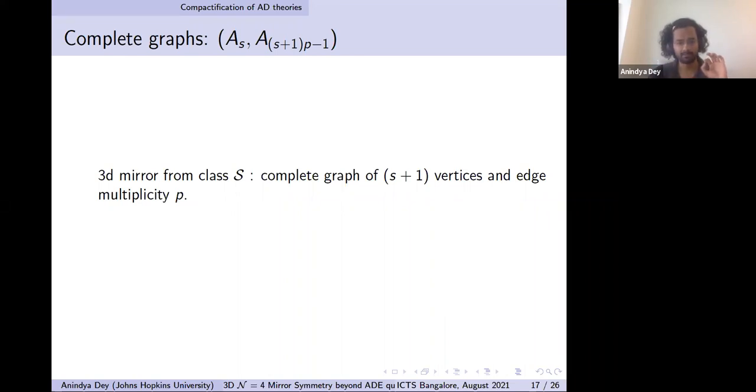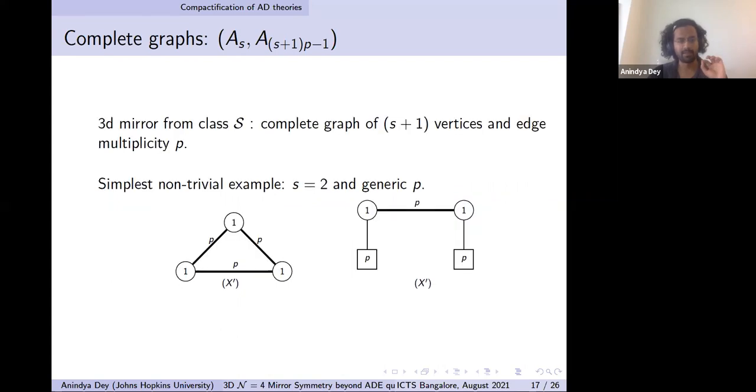So let's look at an example. Let's say S equals 2 and P is completely generic. Then the class S mirror is this. There are 3 vertices, and each vertex corresponds to a U(1) gauge node, and each edge with a multiplicity P denotes P hypermultiplets, which transform as bifundamental under this U(1) times U(1).